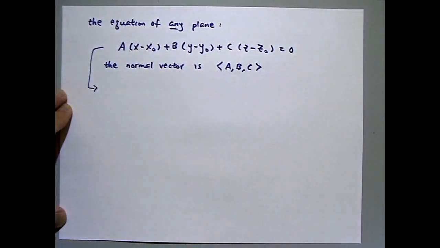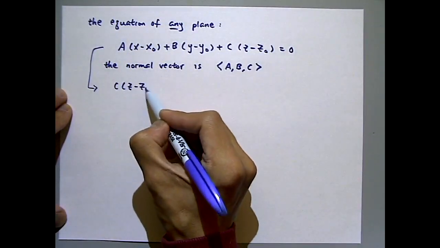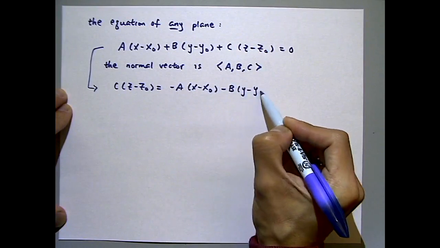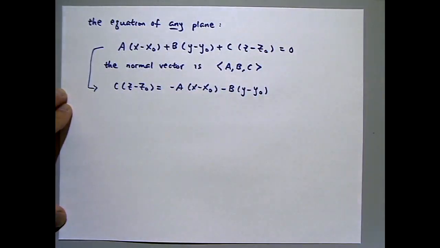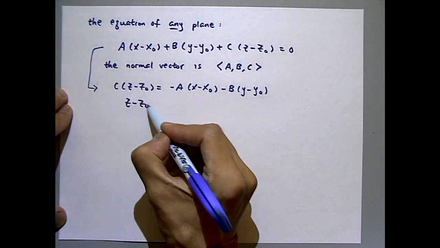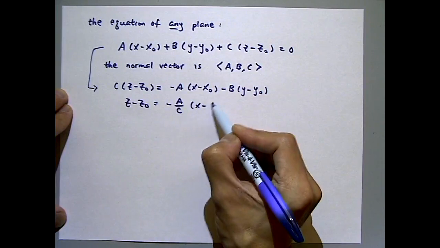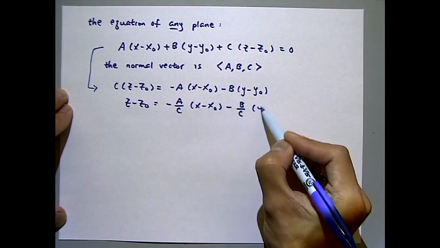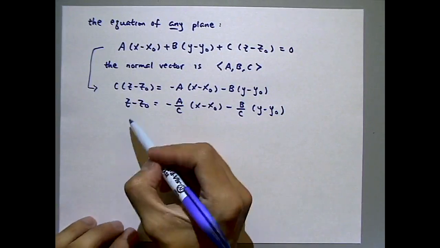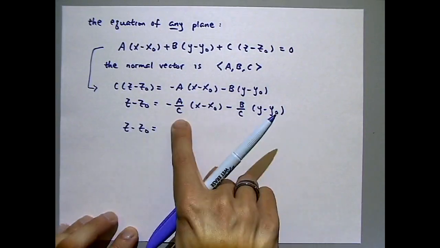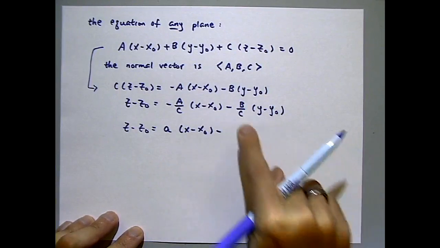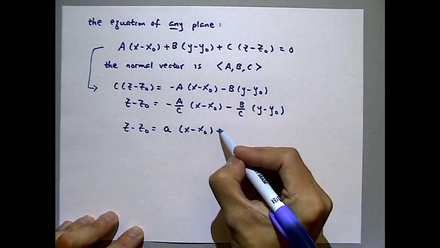Let me rearrange this equation just a little bit. I isolated z, and now I'm going to divide it by capital C. And for simplicity, I'm going to call negative A over C lowercase a, and I'm going to call negative B over C lowercase b.